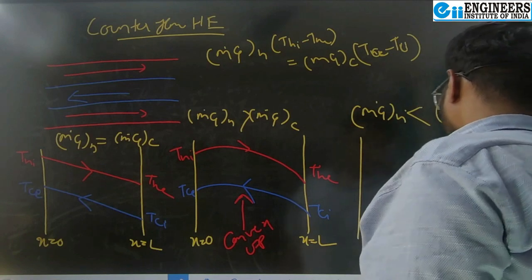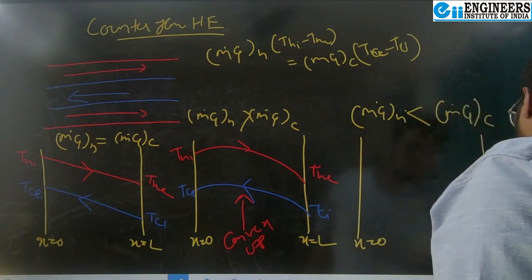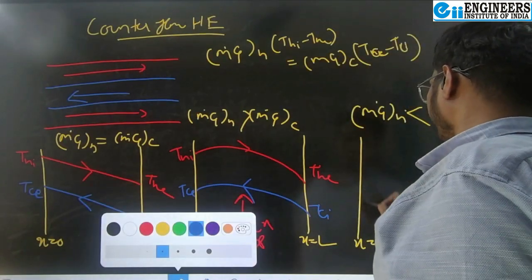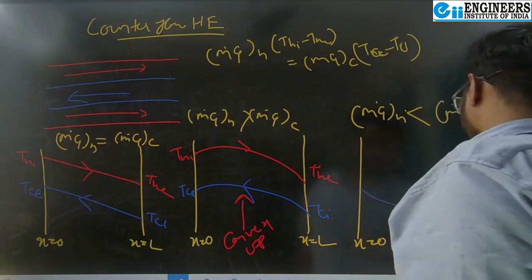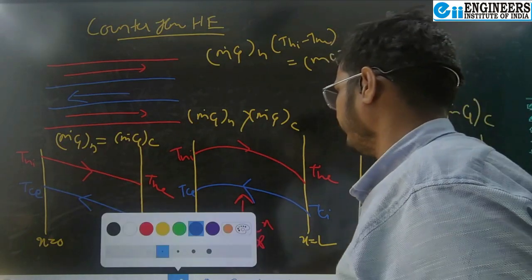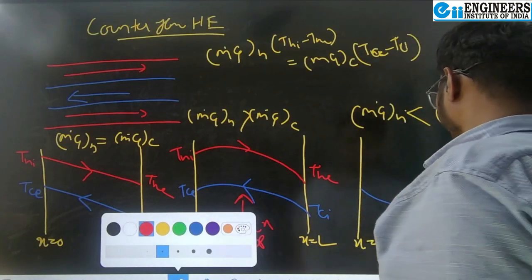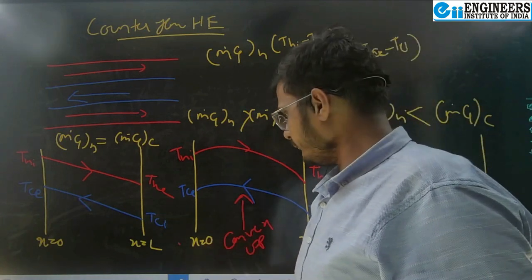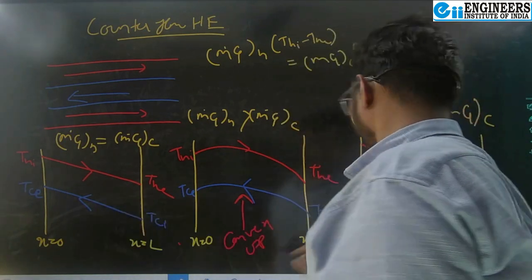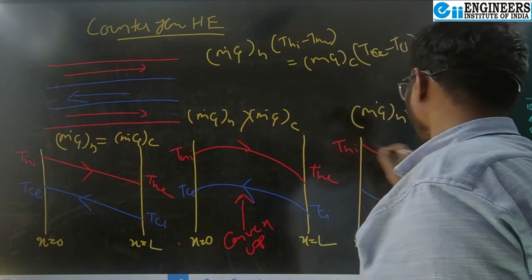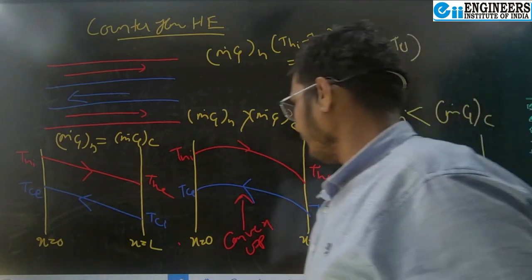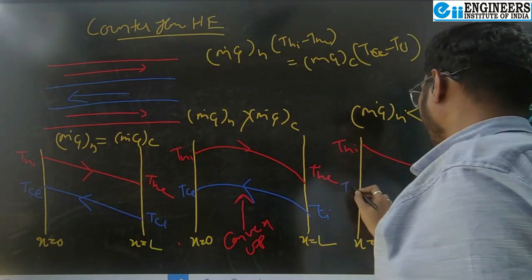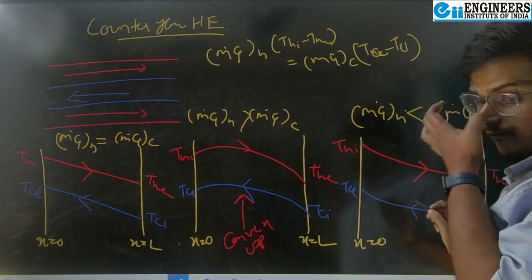For the same thing, for a distance x equals 0 to x equals L, we have THI, THE, TCI, TCE, and it is concave up.